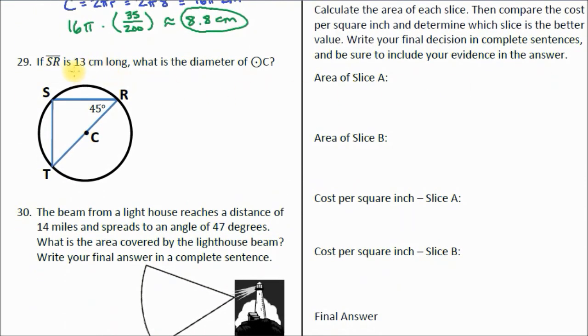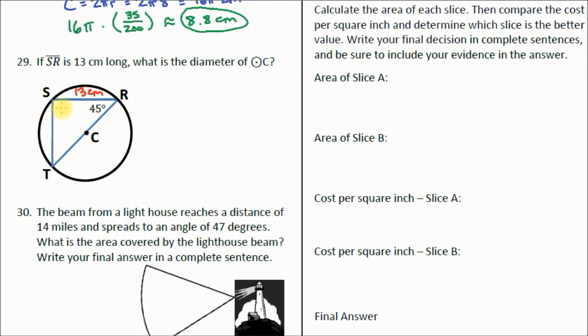If segment SR is 13 centimeters long, I'm going to label that now. This is 13 centimeters. What is the diameter of circle C? Well, I already can see, class, this is a triangle inscribed in a circle. The hypotenuse clearly goes through the center of the circle. That makes it a diameter.